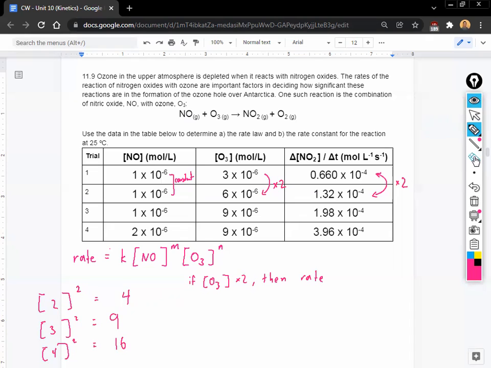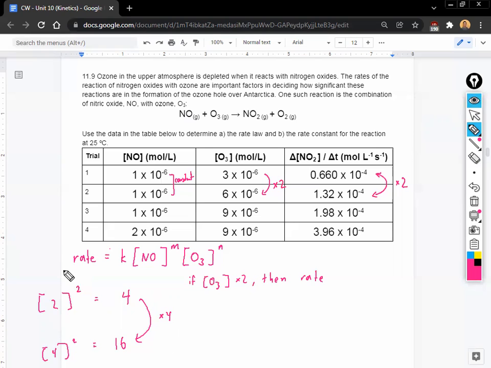So if I double it from 2 to 4, what's the relationship here? Yeah, times 4. Is that what we see here? No, because if I double the reactant concentration, it quadruples here. So it can't be 2, because that means you're squaring it.